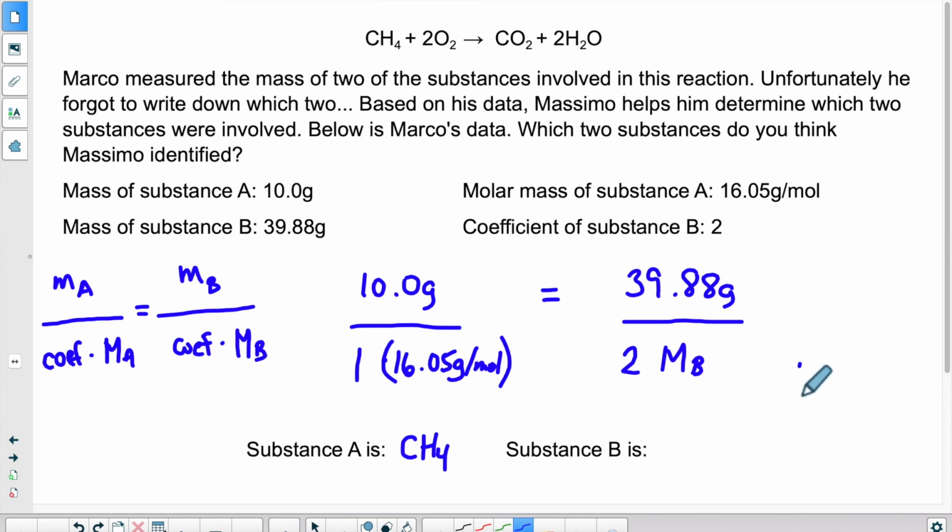Again I have to cross multiply, and I get that the molar mass of B is 32 grams per mole. And which substance between O2, CO2, and H2O has 32 grams per mole as a molar mass? Well, it is oxygen. It's O2. And so I'm able to identify what is substance A and what is substance B. So that's how you would go about this.